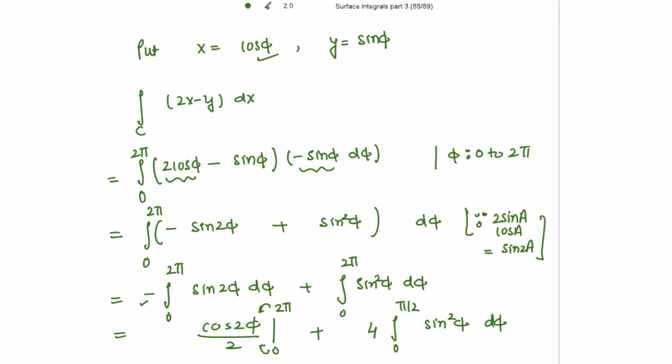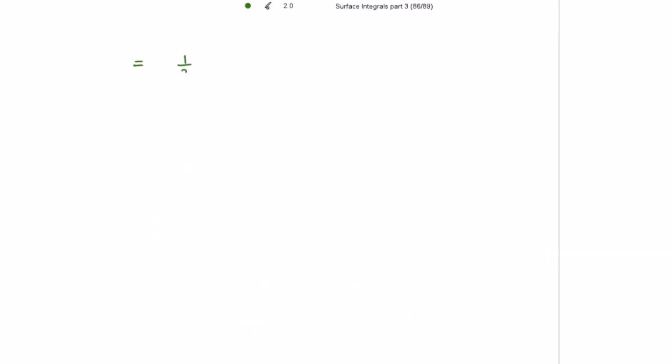So this is 1 by 2 minus 1 by 2, which is 0. So the first integral is 0, plus 4 times the integral from 0 to pi by 2 of sine square phi d phi. Because the limits are from 0 to pi by 2, I can use the reduction formula here. What is the power of the sine? It is 2, an even power.